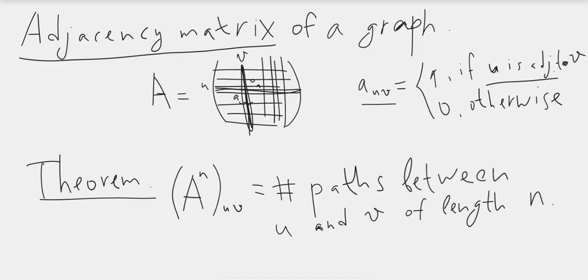So if there is an edge from u to v, then this is equal to 1, and if there is no edge, then 0.